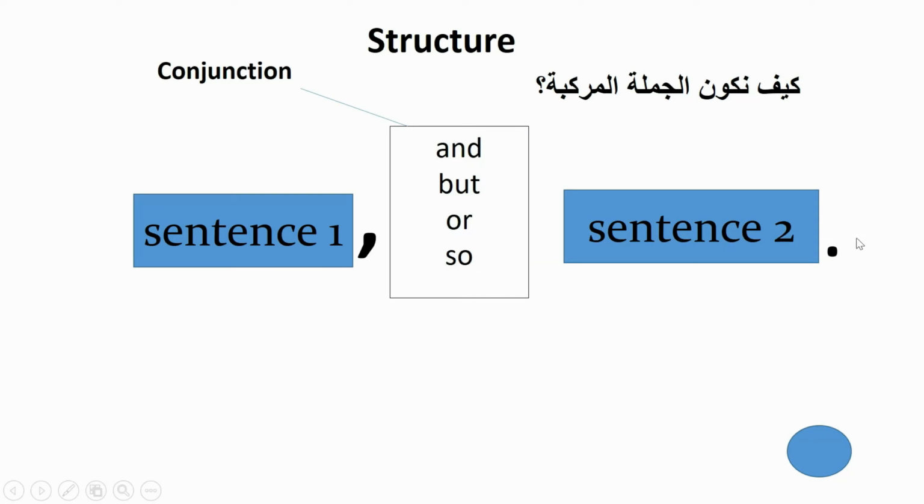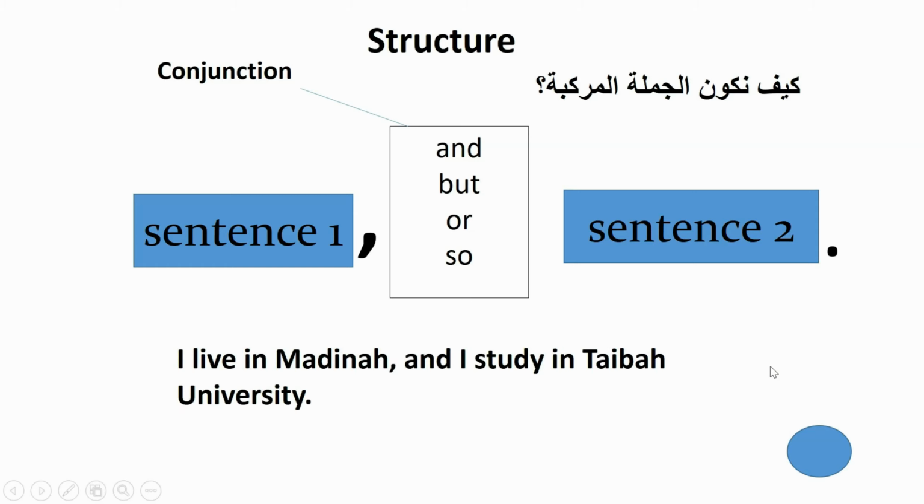And at the end we add the full stop. For example, I live in Medina and I study in Taiba University. This is an example of a compound sentence. We used and because it suits the sentence. So now we will look at the different conjunctions that we could use in making a compound sentence.